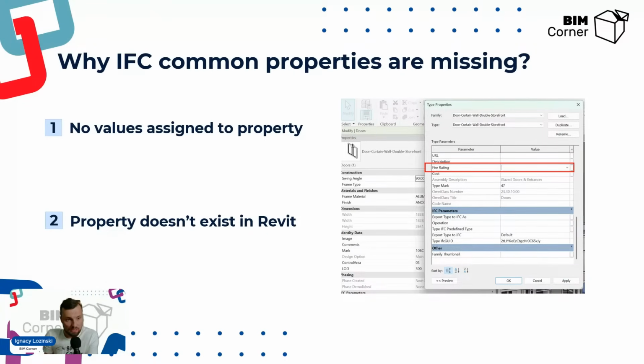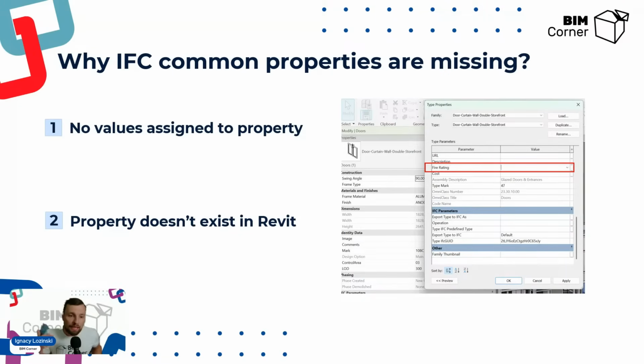Because you need to understand that IFC defines many very specific common properties, okay? And not all of them are needed in every project. That's one thing. And also Autodesk needed to think about which common properties we will add as default in software.